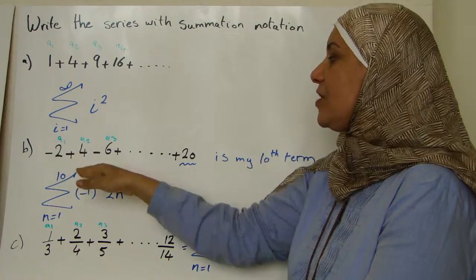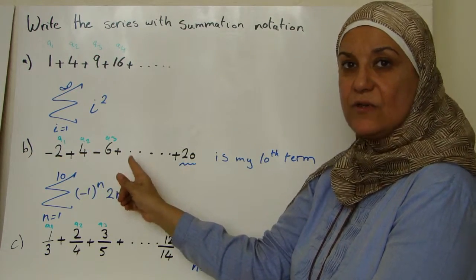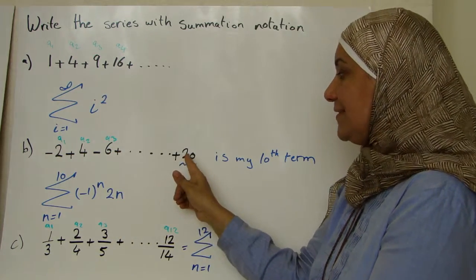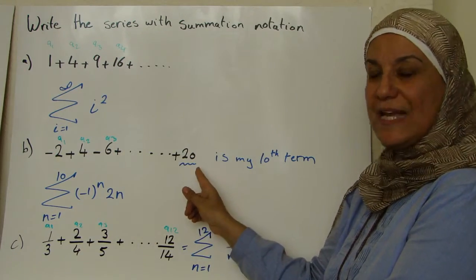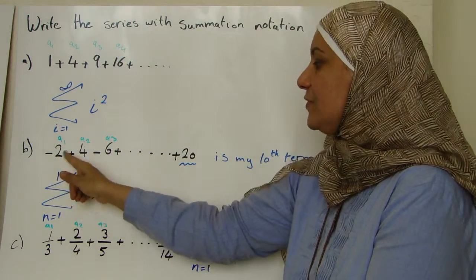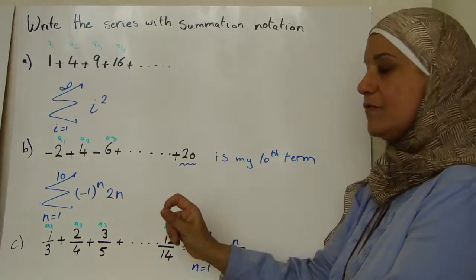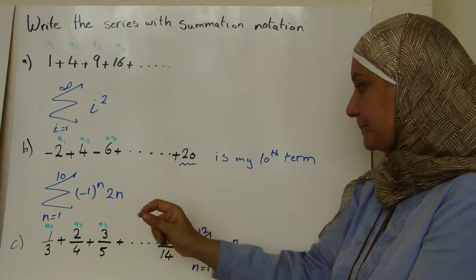And then I disregard the signs and look at the numbers: 2, 4, 6, 8, 10, so it is 2n. So, in order to get the 20, 2n equals 20, so my n is equal to 10. That is the number I'm going to put up here: n equals 1, and up here 10. Then I'm going to have a rule, put it on my calculator, and get an answer.